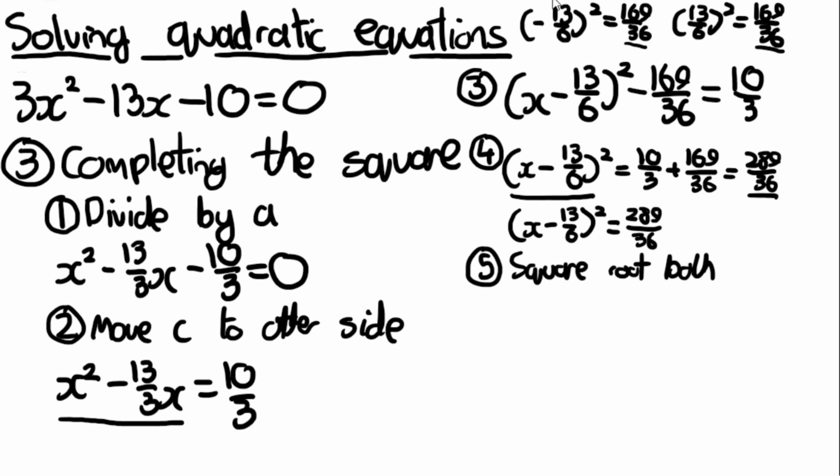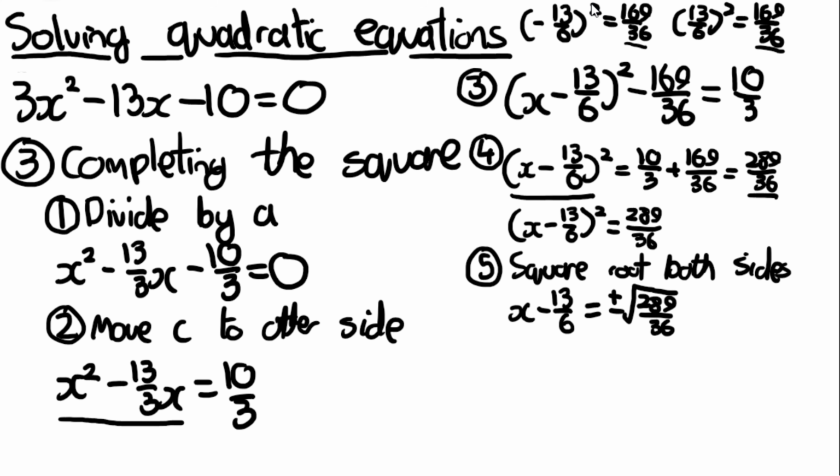The fifth step is to square root both sides. So if we square root the left hand side, it's easy, it's going to be x minus 13 over 6. If we square root the right hand side, it's going to be the square root of 289 over 36. But it's going to be plus or minus because of what I talked about before.